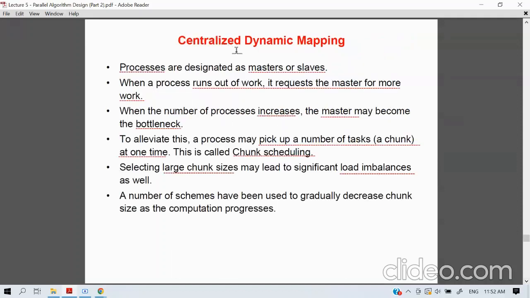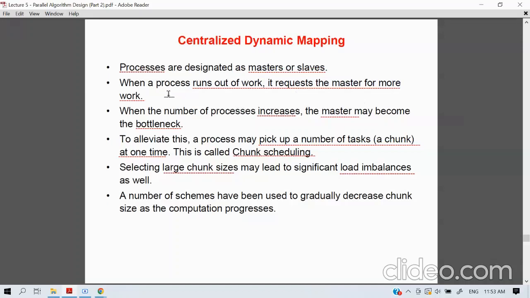So how is centralized dynamic mapping implemented? We need to look at the word itself, centralized. If centralized, of course, it has one main point. So the processes are designed as master or slaves. When a process runs out of work, it requests more work from the master.